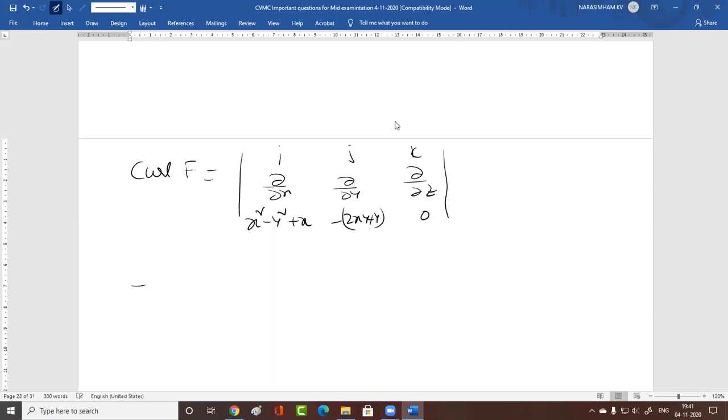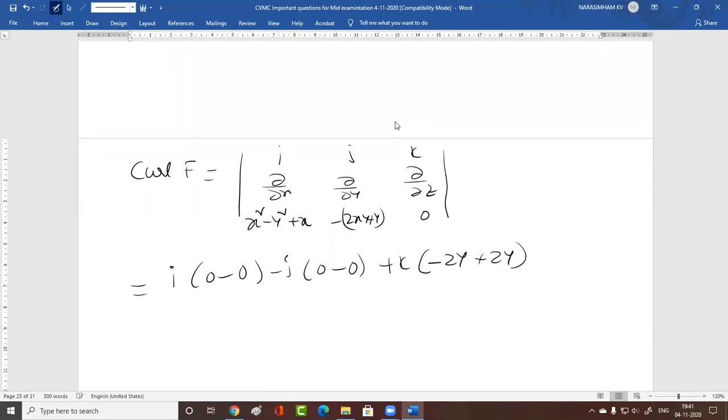First i, dou by dou y of 0 is 0. Dou by dou z of this, here there is no z term, 0. j into dou by dou x of 0 is 0. Dou by dou z, here there is no z term, 0. Plus k into dou by dou x of this term, here only one term, minus 2y. Dou by dou y value is plus 2y.